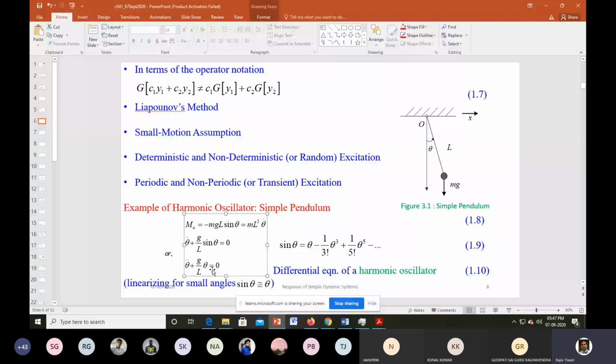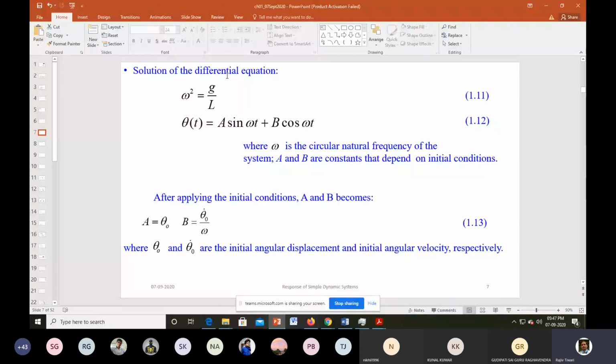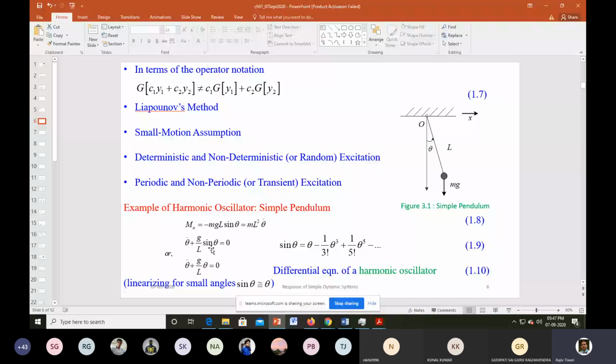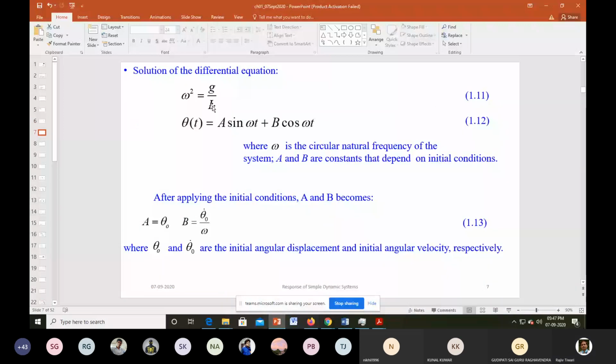Okay, so let us see. This g by L is nothing but the natural frequency: omega square is equal to g by L. The motion can be defined because it is a second order differential equation.